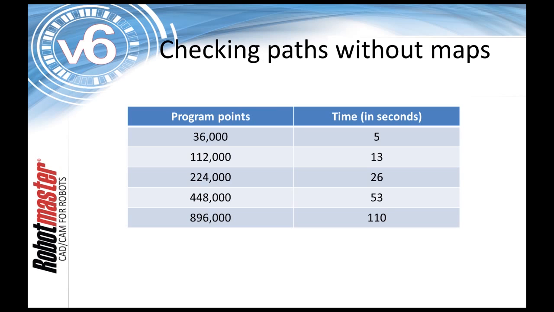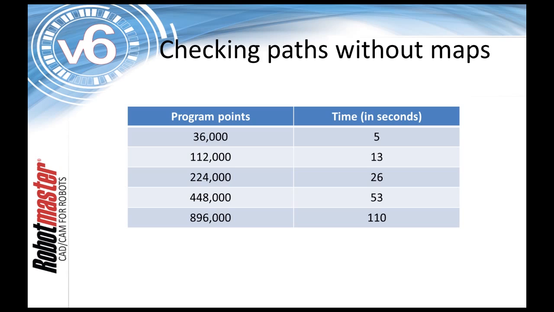Now, this is a little chart, and what it shows is various program sizes and the time it takes for optimization to check only the path. So for a 36,000 point file, only 5 seconds is necessary to check the path. For a 112,000 point file, 13 seconds.